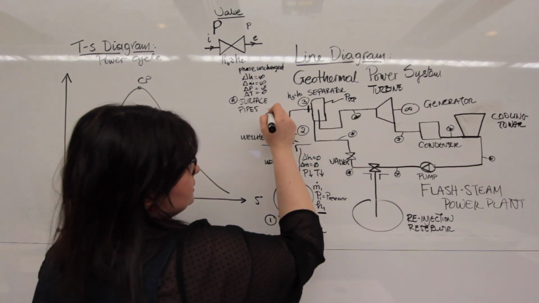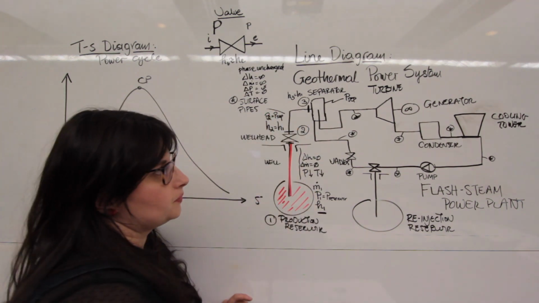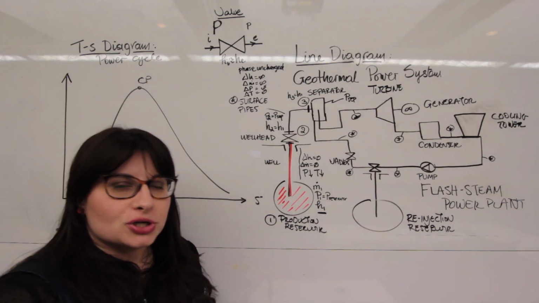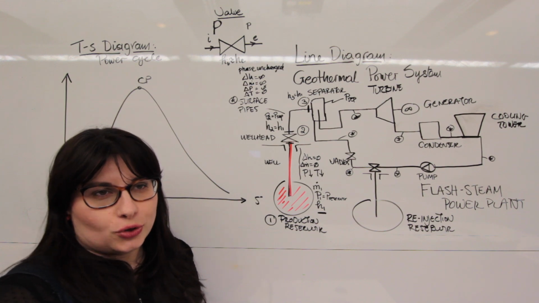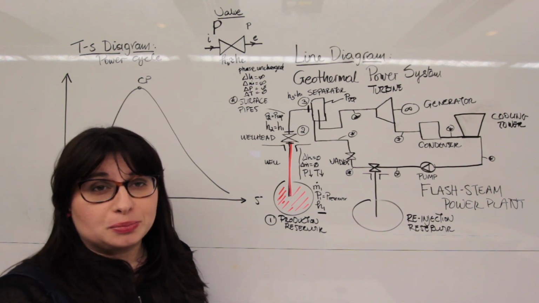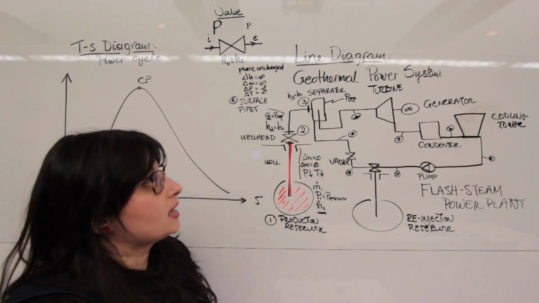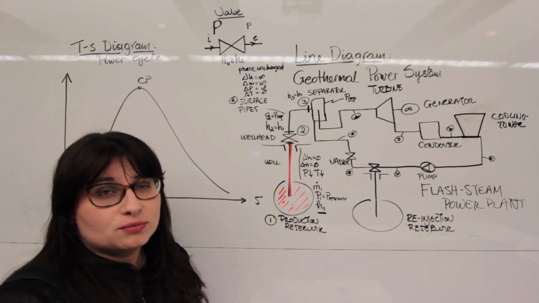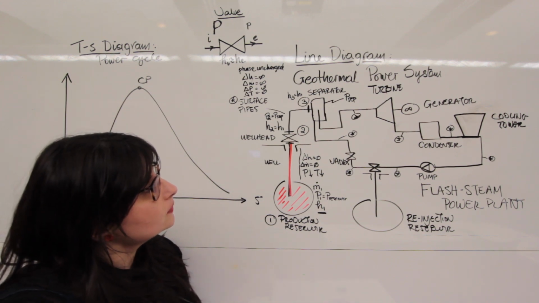So P2 is actually equal to P of the separator. Now the operating pressure of the separator is a design condition. You go to Separators R Us and you pick up a separator that operates at 7 bar. If you have more money, you will pick one that operates at 10 bar and so on.